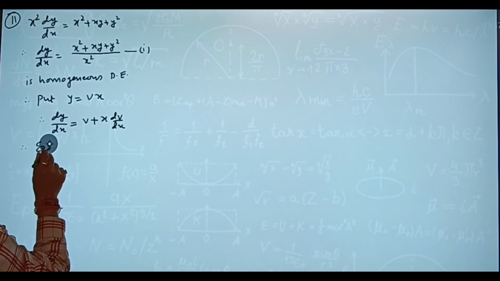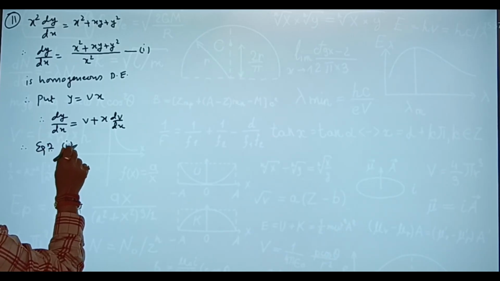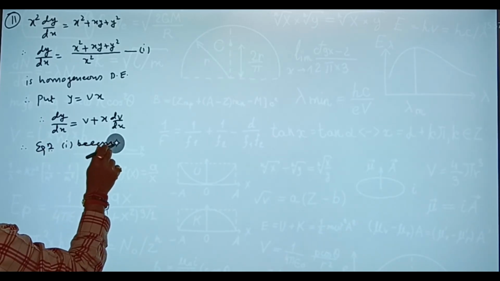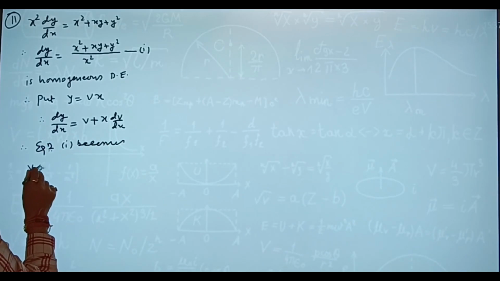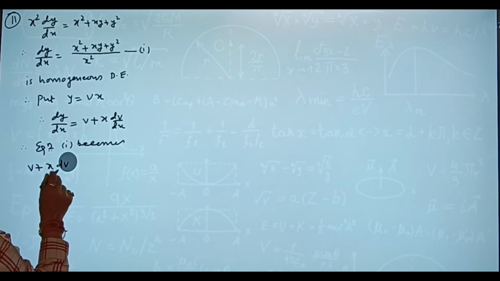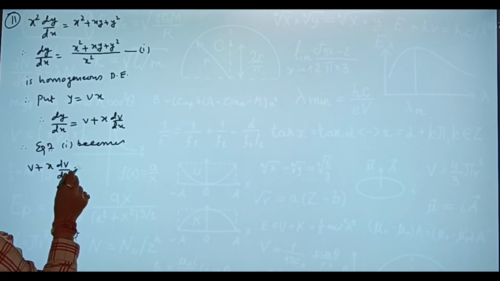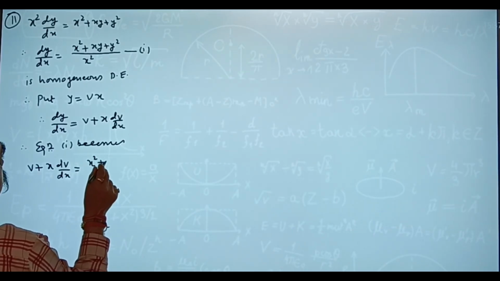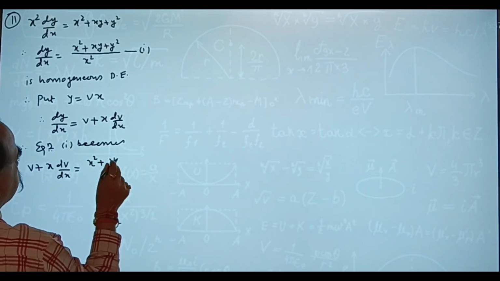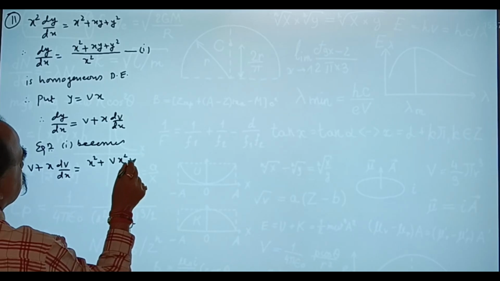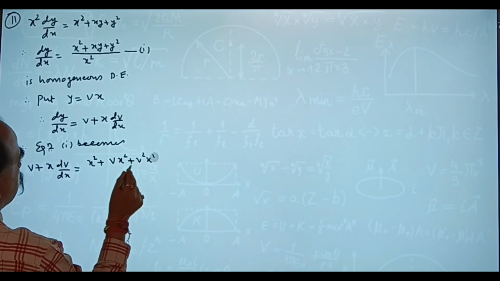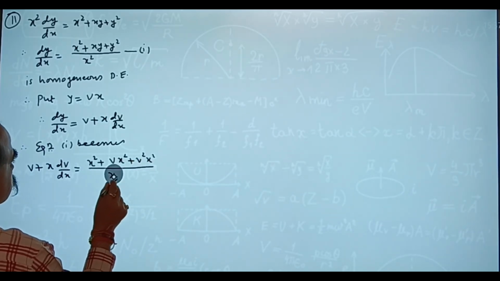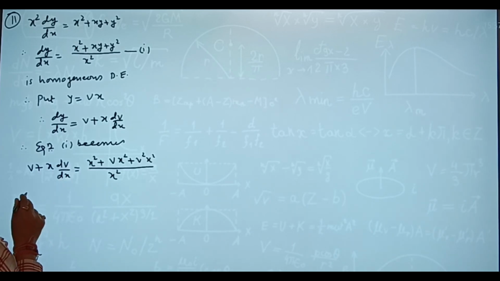So equation 1 becomes v plus x dv by dx is (x square plus v x square plus v square x square) upon x square. x square common will get cancelled.